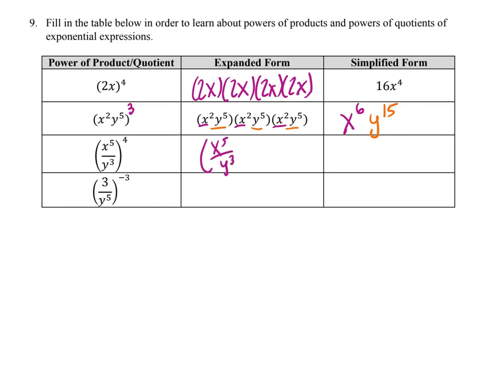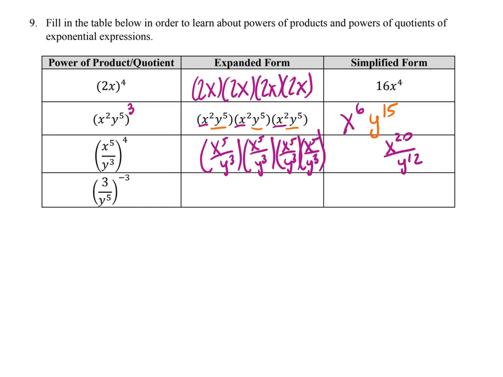Similarly, if I take the next expression, x to the fifth over y to the third raised to the fourth power, means I'm just multiplying by itself 4 times. And so we'll get x to the 20th over y to the 12th.